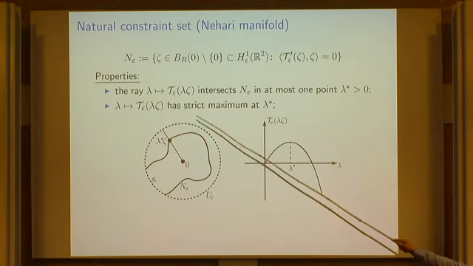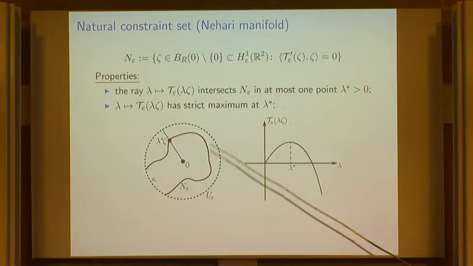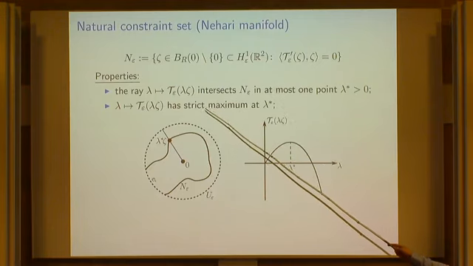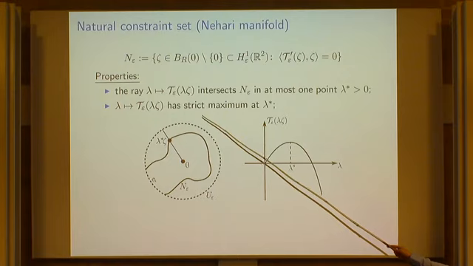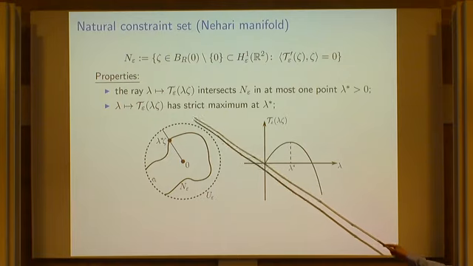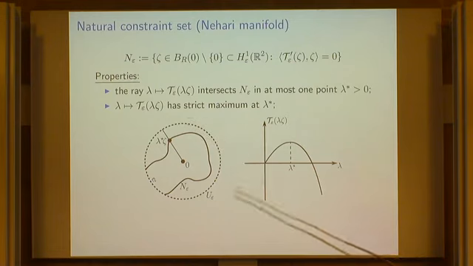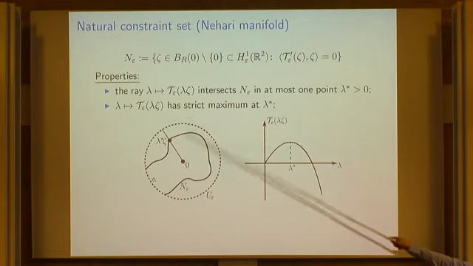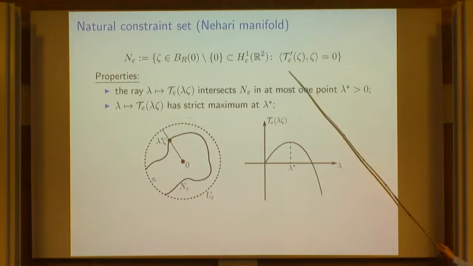For epsilon equal to 0, every ray will intersect in one point, but it's slightly technical when epsilon is positive. And this function has a strict maximum along the ray at the point where it reaches the set. You see that it comes from this constraint. You get that the derivative has to be 0.